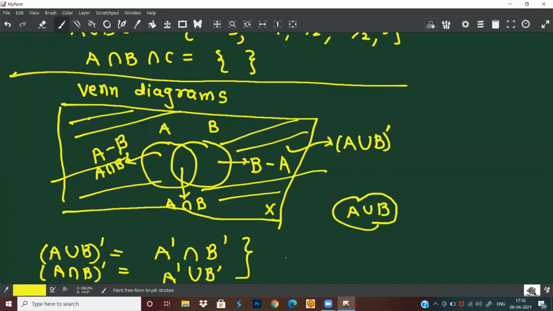Or is plus and is into. Remember that. So you understood what A union B dash is? If you remove A union B from the universal set, the outside part that remains is A union B dash.